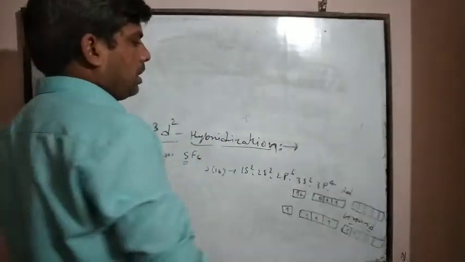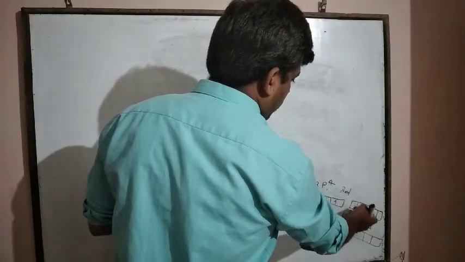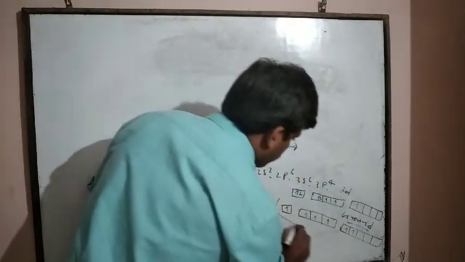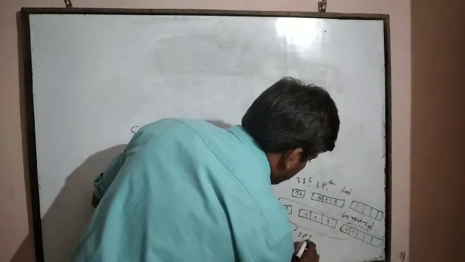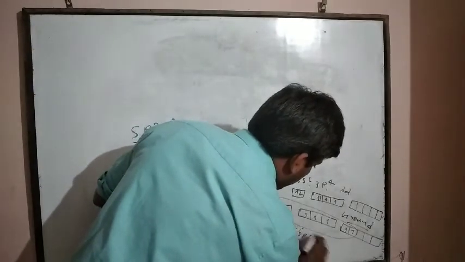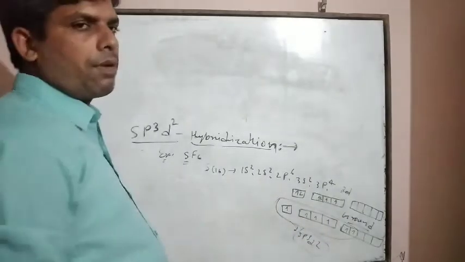In the excited state, one electron jumps to this orbital and one electron to this orbital. In this way, it shows sp3d2 type of hybridization. Here 6 hybrid orbitals are formed.